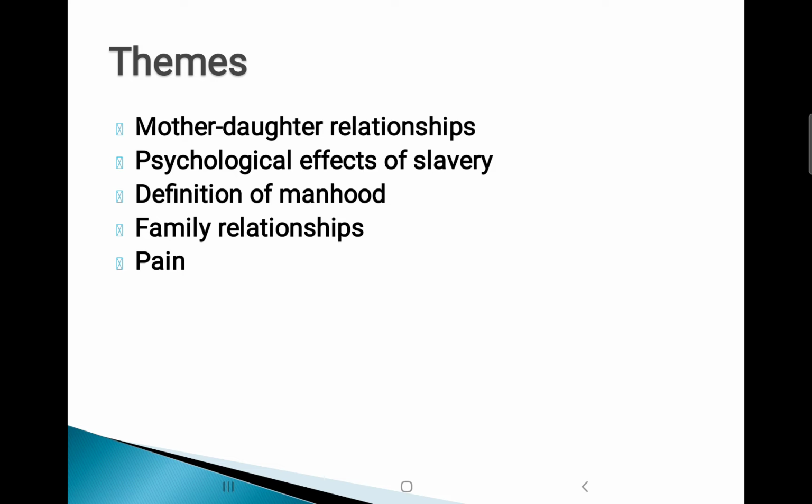Sethe develops a dangerous maternal passion that results in killing one daughter, her own best self. She was so desperate that the moment she realized she is going to be captured again, she thought I am not going to bring my child into this captivity. So she killed her child.